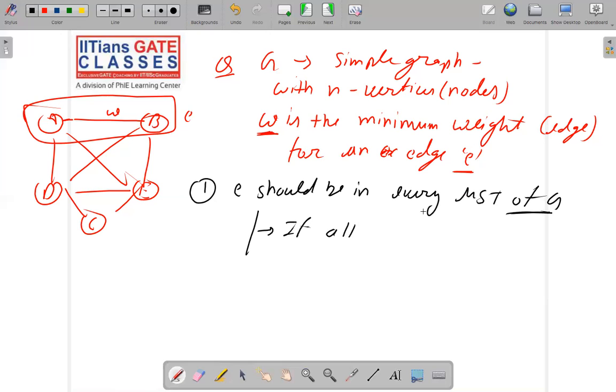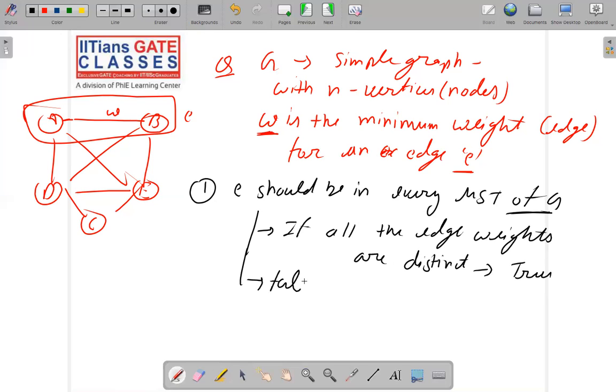We start with the minimum edge. If all the edge weights are distinct, then this is true. Else it could be false.